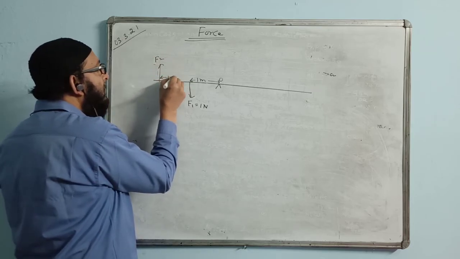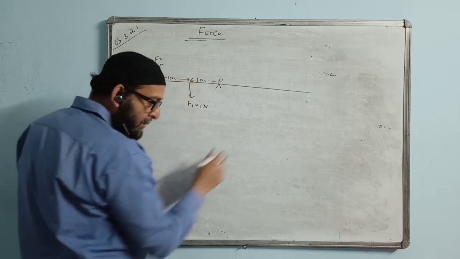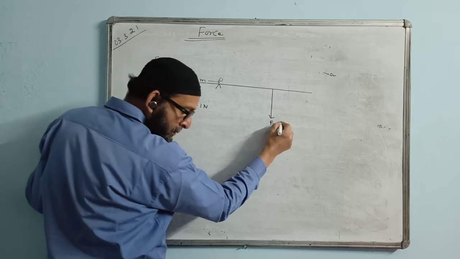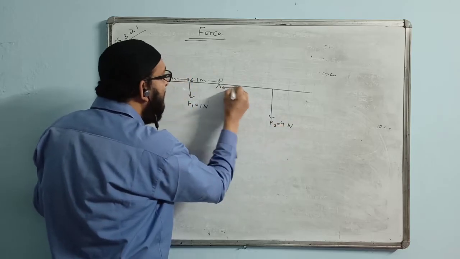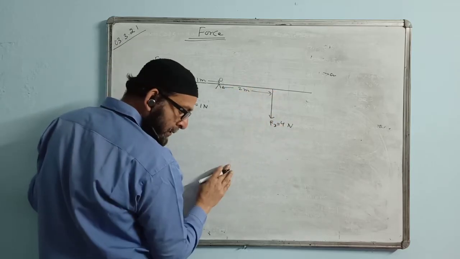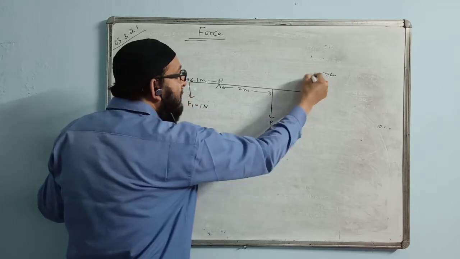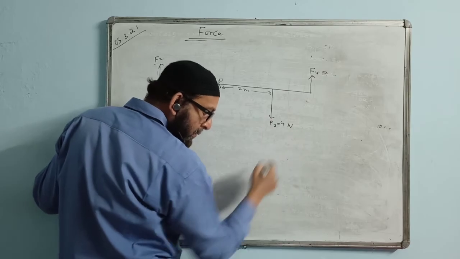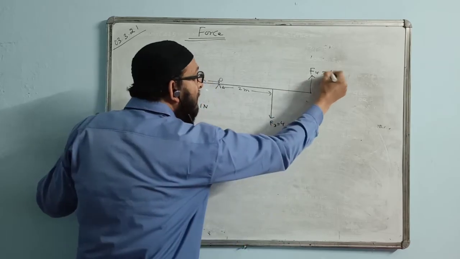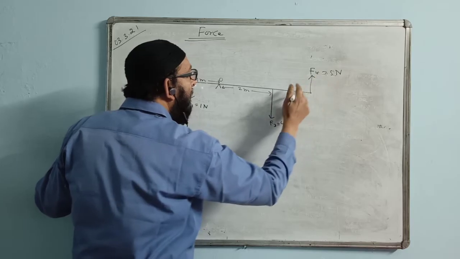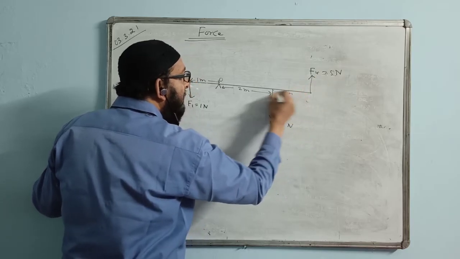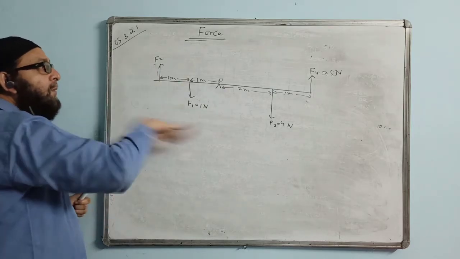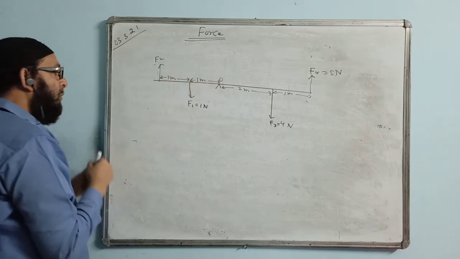Is also 1 meter. F3 is given here, 4 Newton. This distance is given 2 meters. And F4 is given here, 5 Newton, and this is given 1 meter. You have to find the total moment of all the forces about the point O.